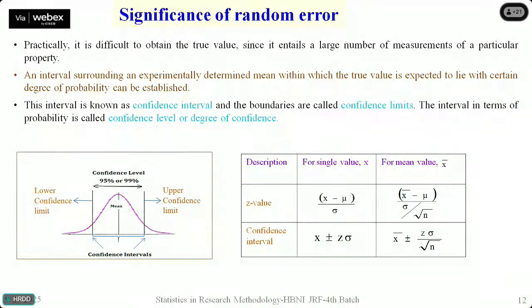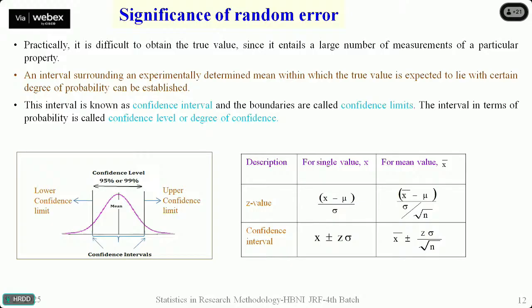On the rightmost column, you see for the mean value, the same parameters are defined. Only difference is sigma is replaced by sigma by root n. Otherwise, the equations remain the same. Sigma is modified, not the denominator. Sigma is replaced with sigma by root n.